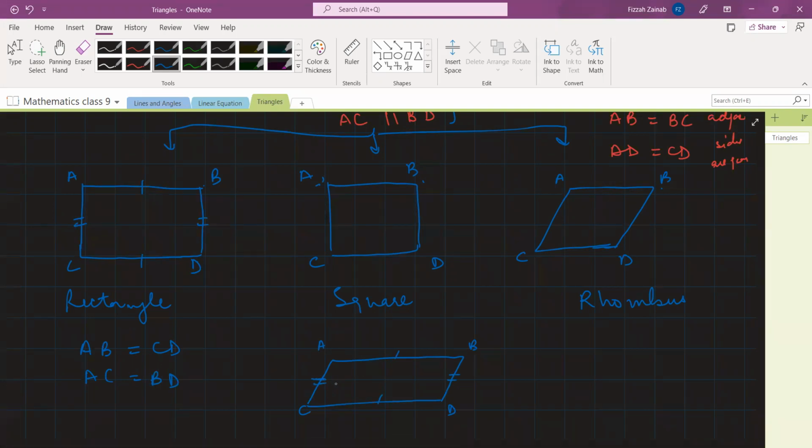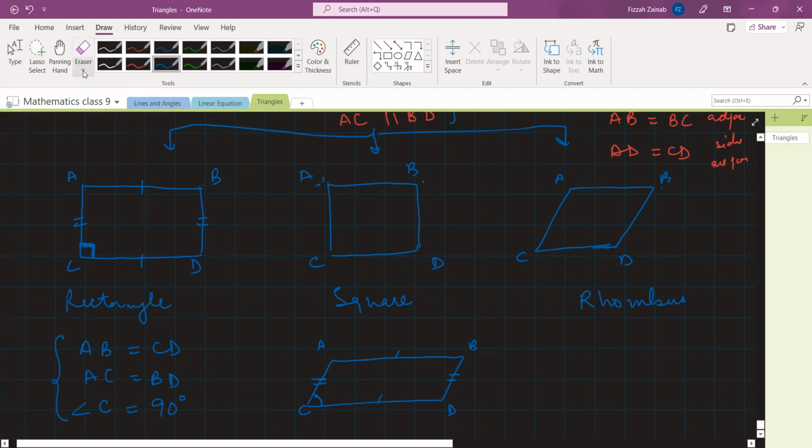So do you think it's a rectangle? No, it's not a rectangle, right? Why? Because this angle is not 90 degrees. So one of the corner angles has to be 90 degrees. So angle C is equal to 90 degrees. So this is the additional condition. So these three conditions are to be satisfied for a rectangle. Is that okay?